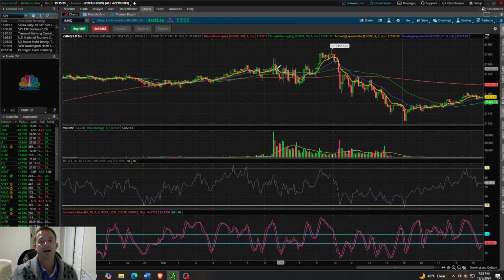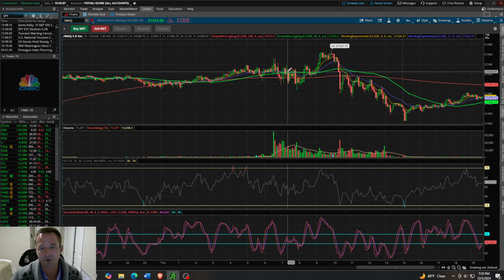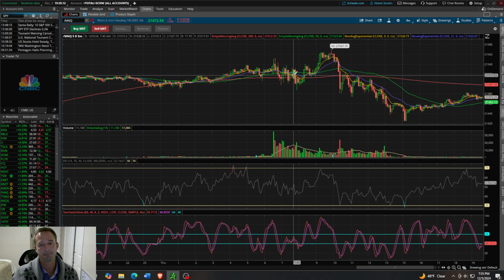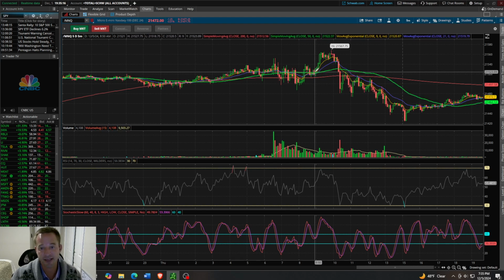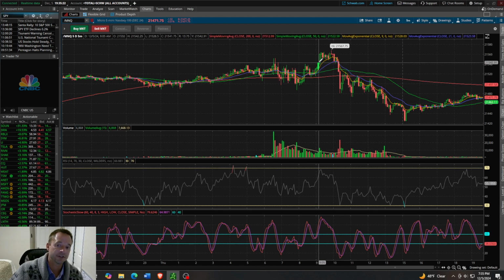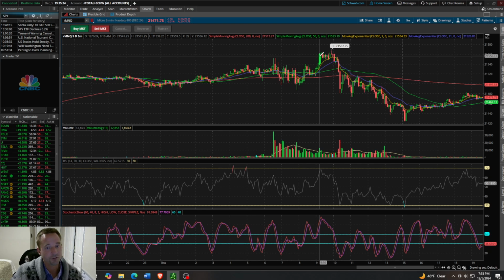So I'm getting stopped in and out multiple times in here. And then right here, I go long again and caught this move, but not this whole move.